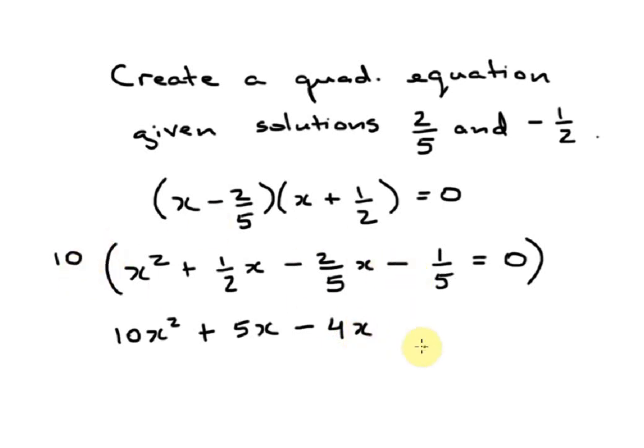And 10 times negative 1/5 is negative 2, equals 0. And lastly, I'm just going to go ahead and combine these terms in the middle, and so that's just going to be 10x squared plus x minus 2 equals 0. So we've now just created an equation given the two solutions. And that's where I'm going to stop for now.